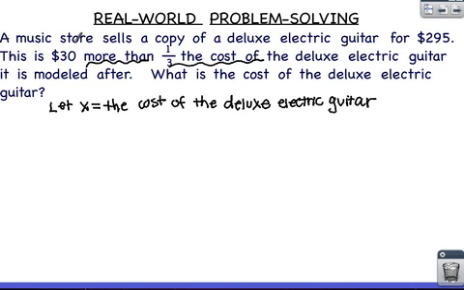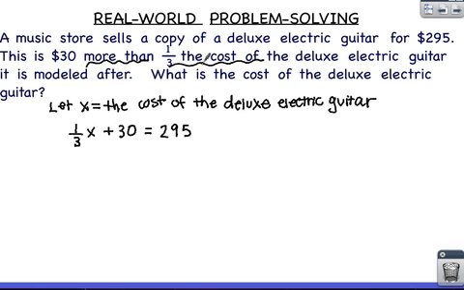So, since it's $30 more than 1/3 x, that would be like saying 1/3 x plus 30. And that is the copy of the deluxe electric guitar, which is $295.